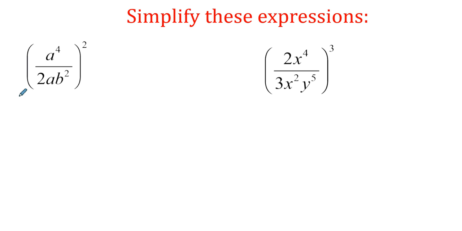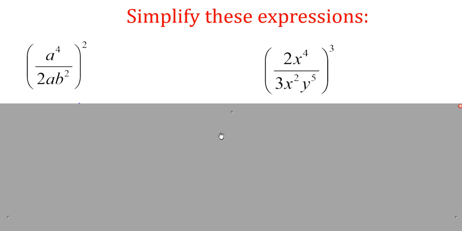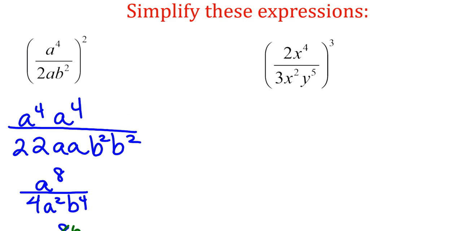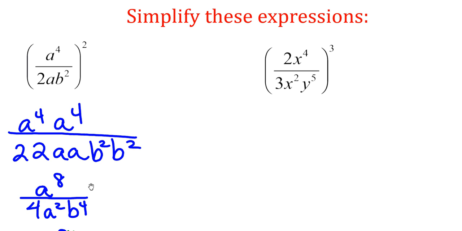Thinking of the meaning on the left, a to the 4th divided by 2ab squared, all raised to the 2nd power. We have 2 sets of the inside, so I'm going to write what's on the inside twice, in the numerator and the denominator. And then I'm going to look for greatest common factors I can divide out. I can see I have a's I can divide out. In fact, let's think about what kind of a's we could divide out. If I have 4 here and 4 here, there's a total of 8.